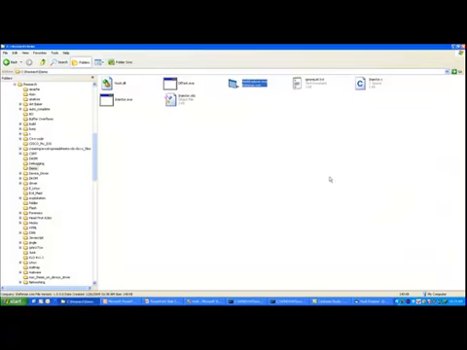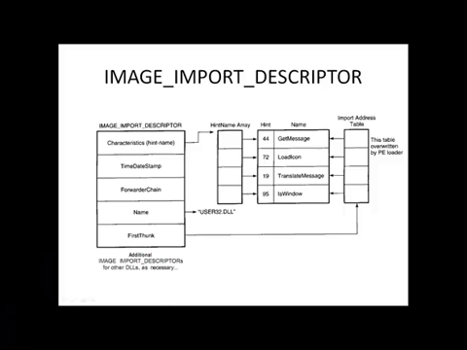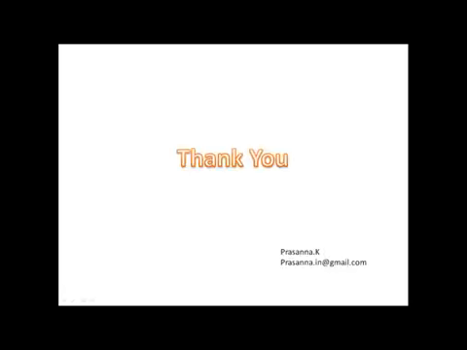The one more thing that I would like to discuss with this specific methodology is that though it is very simple to implement this kind of a hook, this kind of hook is not very stealthy, easily detectable and easily removable by the user, and this kind of hook can be easily bypassed.